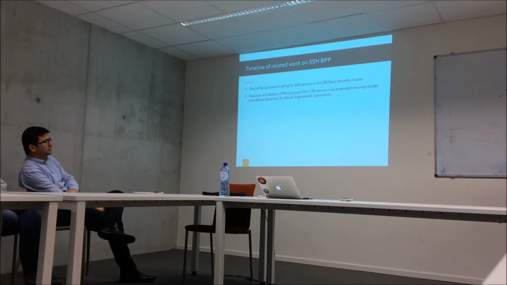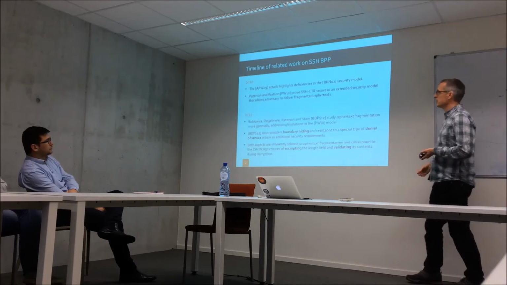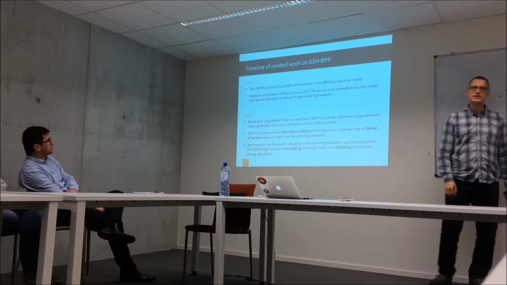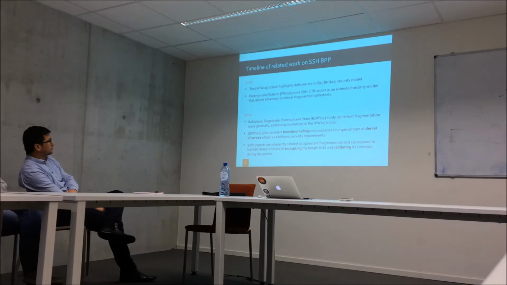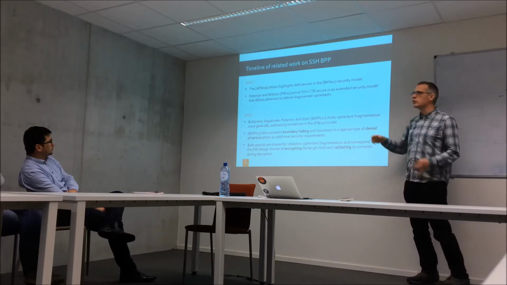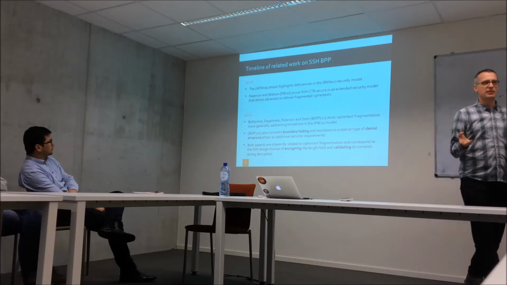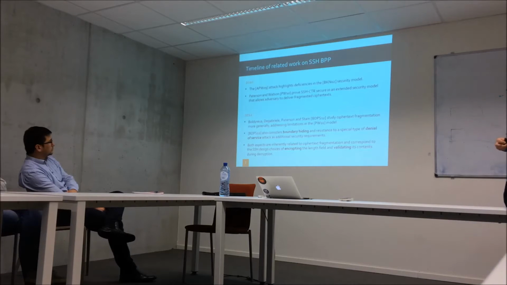of more general application. So then, like all good researchers, you keep going and you develop your ideas and your models. So then in 2012, we published a follow-up paper, this was Eurocrypt 12, which looked more generally at this question of ciphertext fragmentation. How can we model that? More generally, how can we construct schemes?